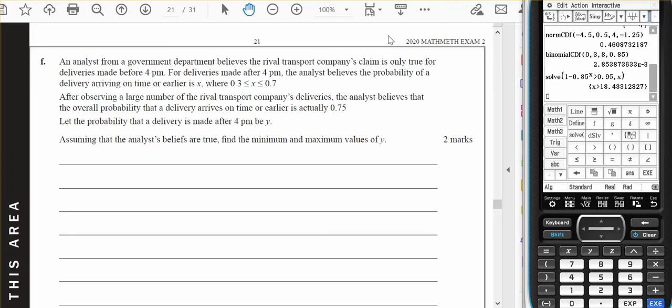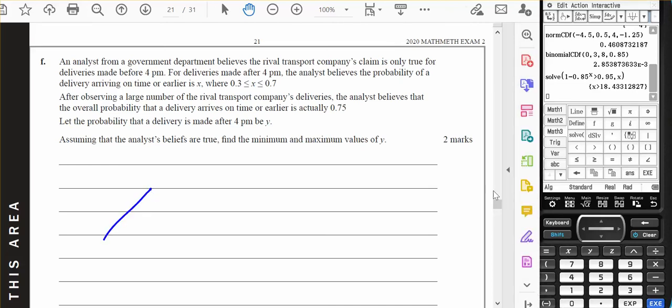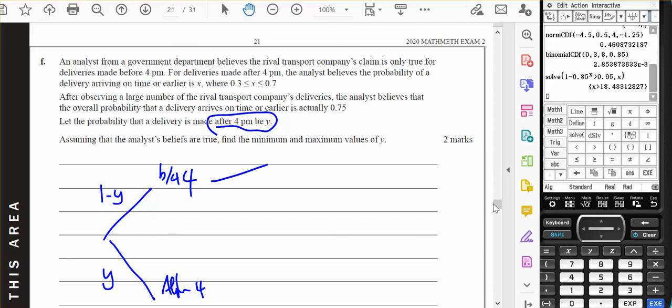Okay, so what have we got here? We've got a number of things. I can either be before 4 or after 4. And I know the probability of being made after 4 is y, therefore that's 1 minus y. And I can be on time or earlier, or I can be late.